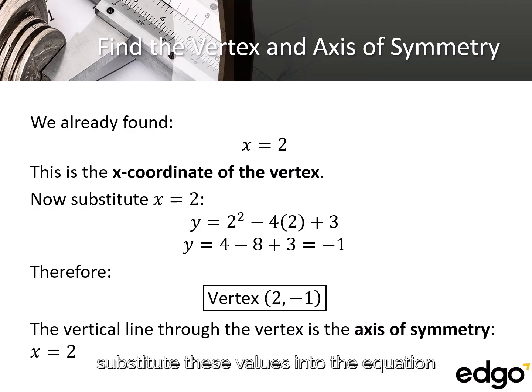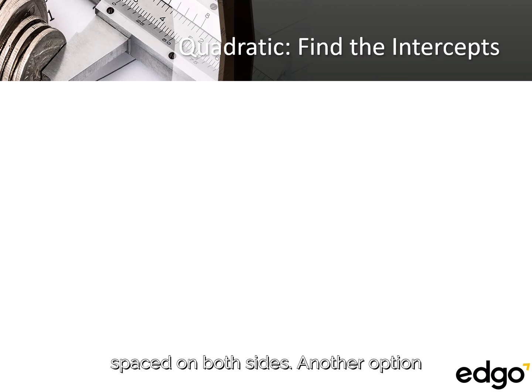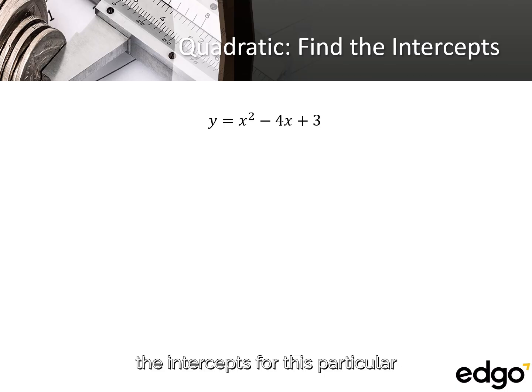We can substitute these values into the equation to find their y values. We can also choose points farther from the vertex, as long as they are equally spaced on both sides. Another option is to use the intercepts. Intercepts can give us useful points, but they are not required if we already have enough convenient symmetric points to sketch the parabola. Let's see how we can find the intercepts for this particular function.